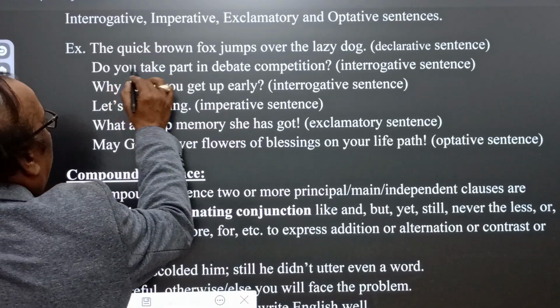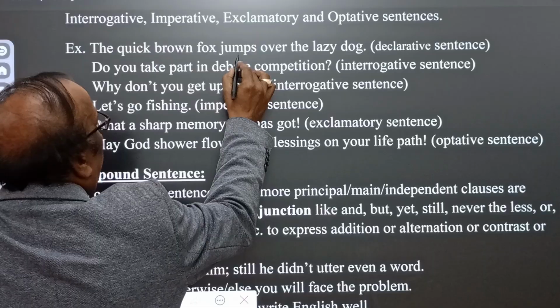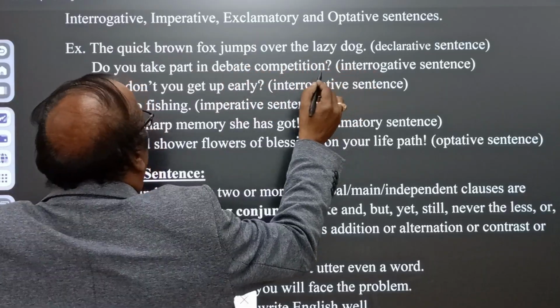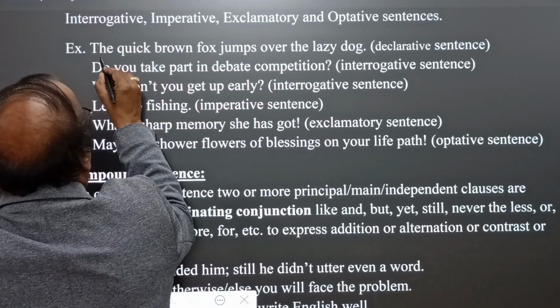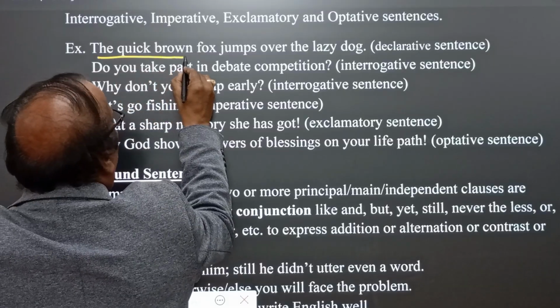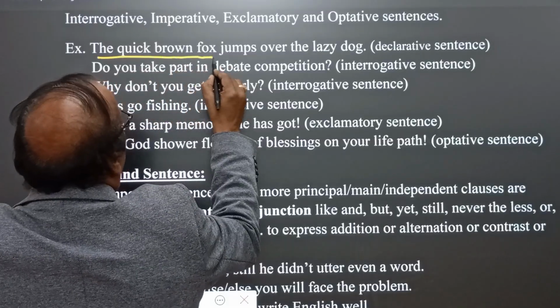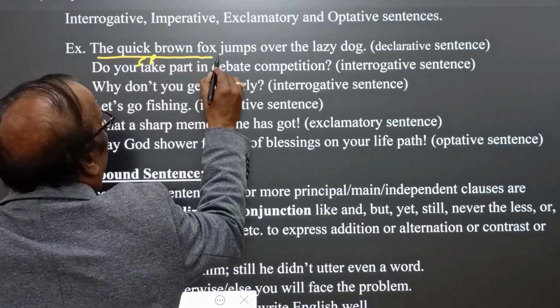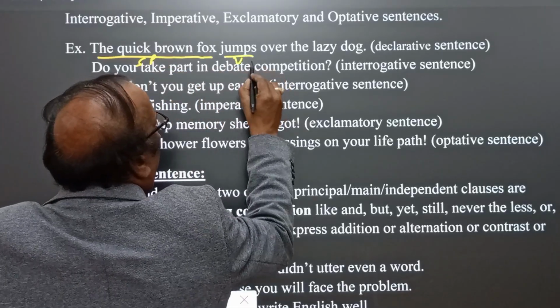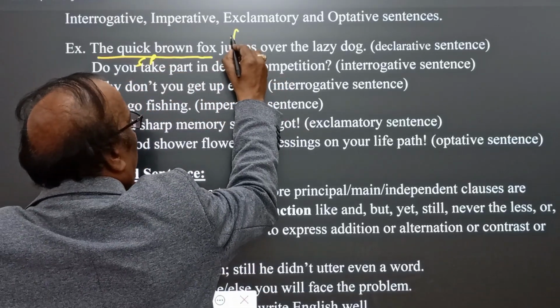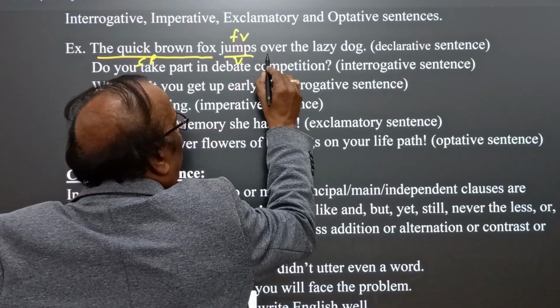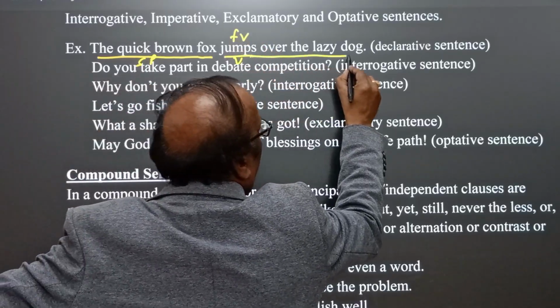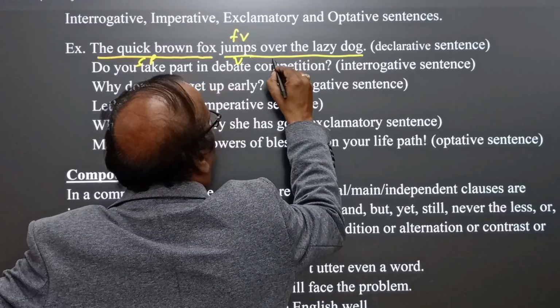Here, the quick brown fox jumps over the lazy dog. You see, here we find the subject part, then the verb, that is the finite verb, jumps, and over the lazy dog is the predicate part.